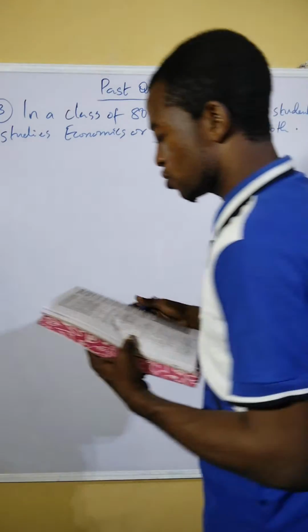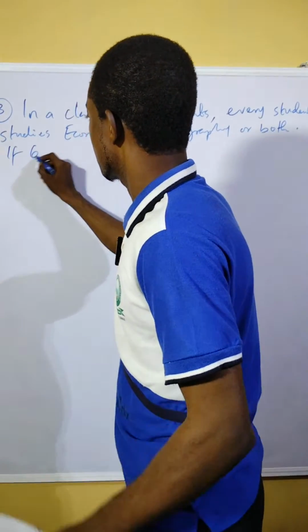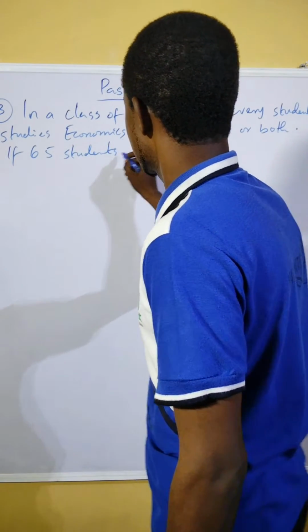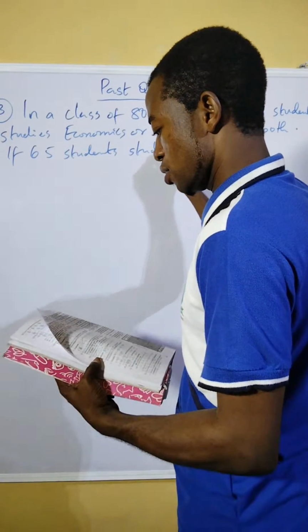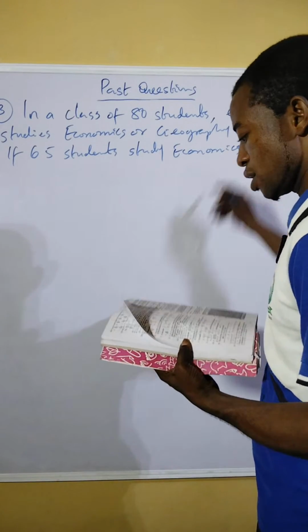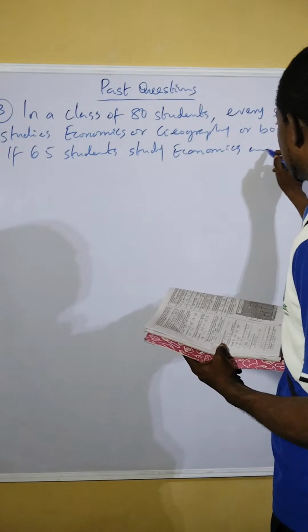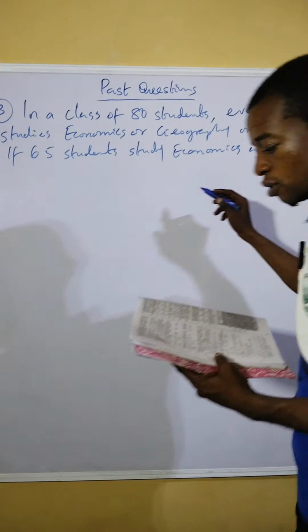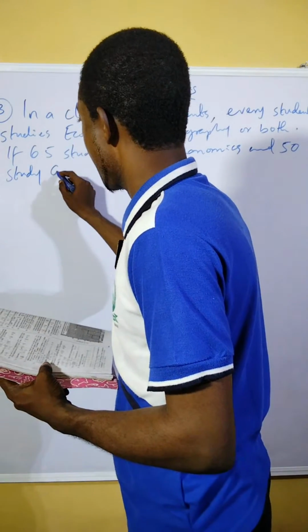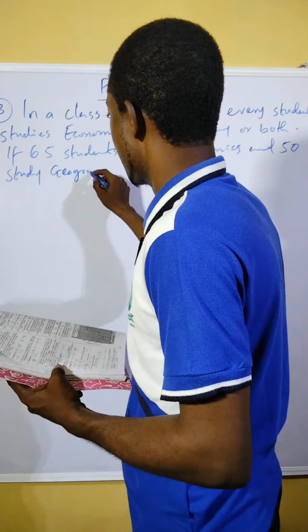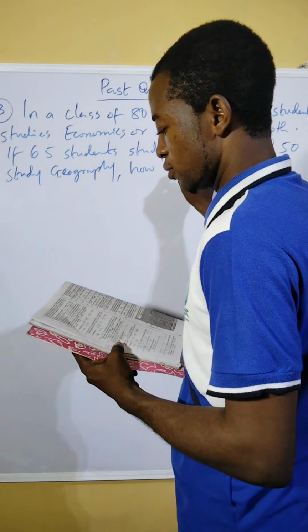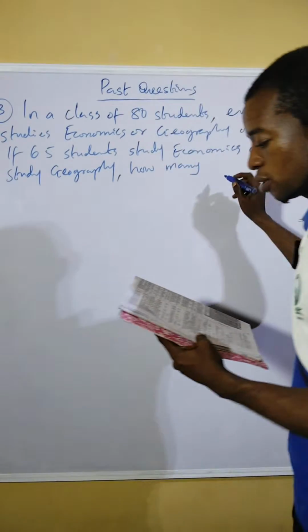If 65 students study economics and 50 study geography, how many study both subjects?